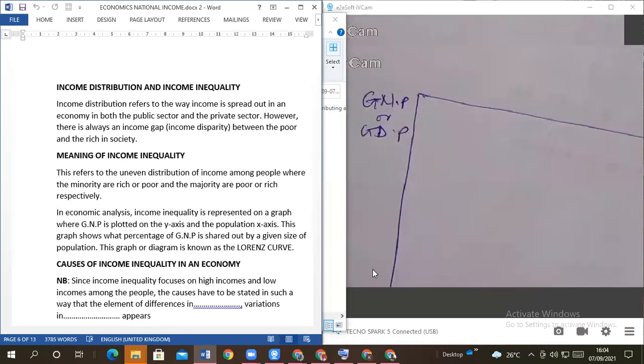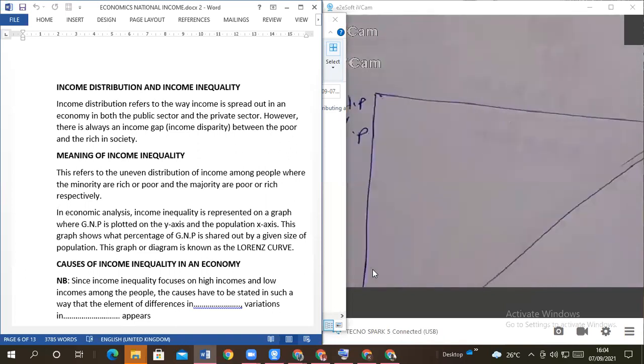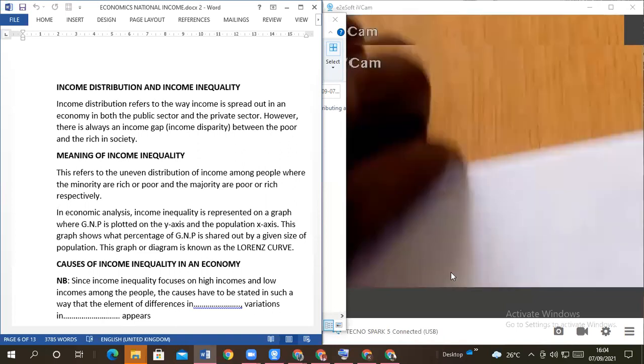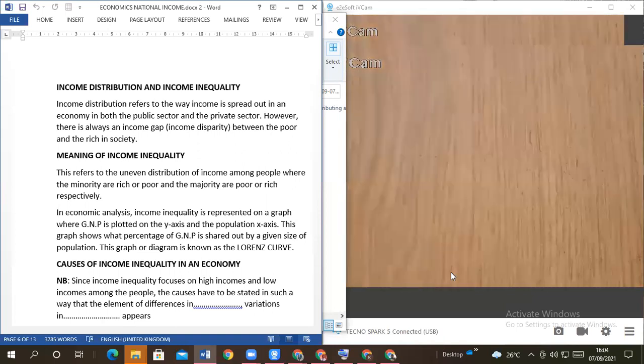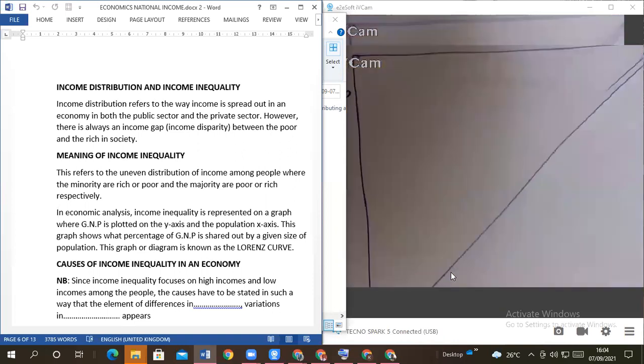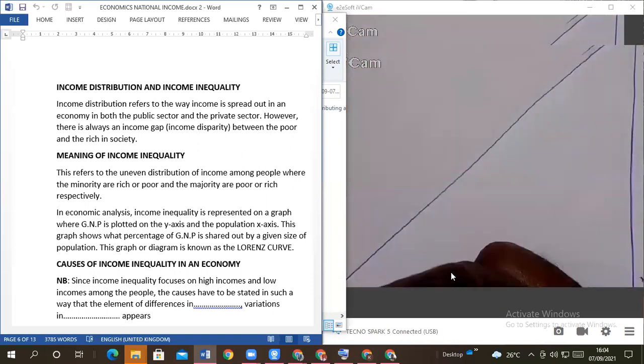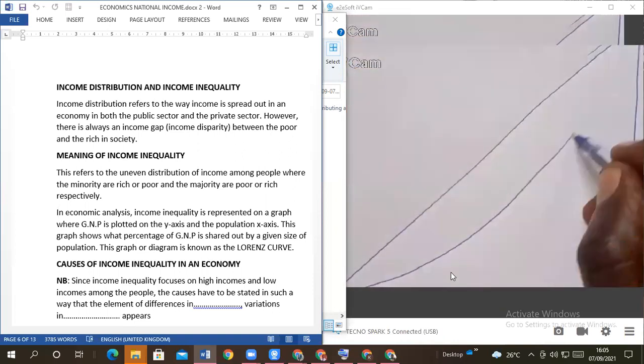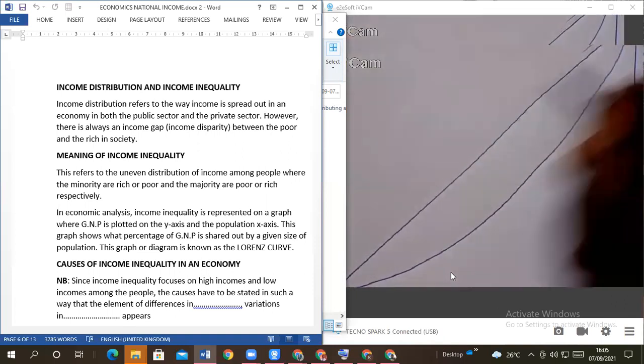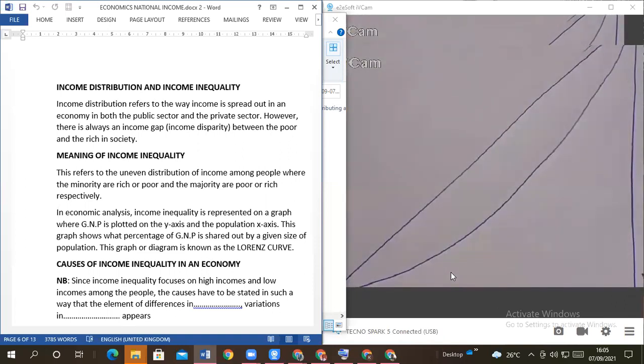And so ideally, income is supposed to be distributed equally in that order. But you find that you have a curve of that nature. And that curve is called the Lorenz curve.